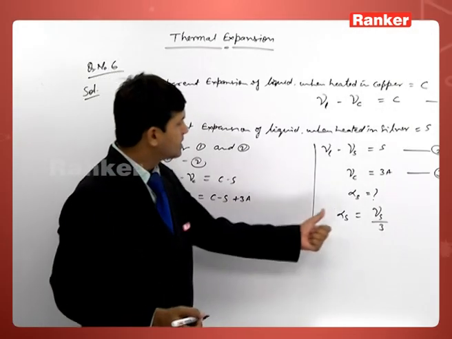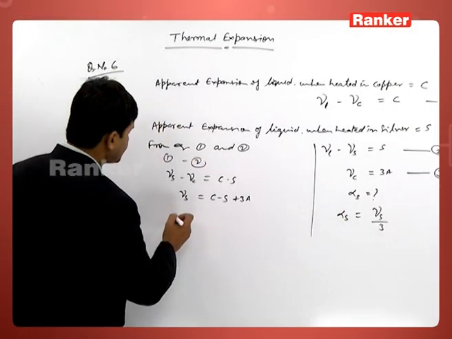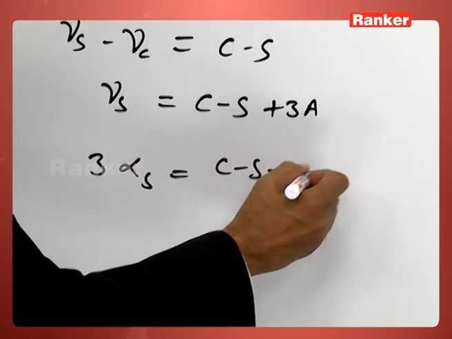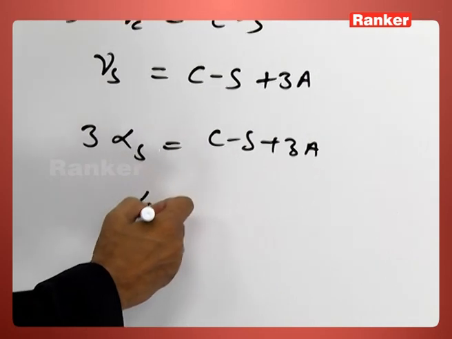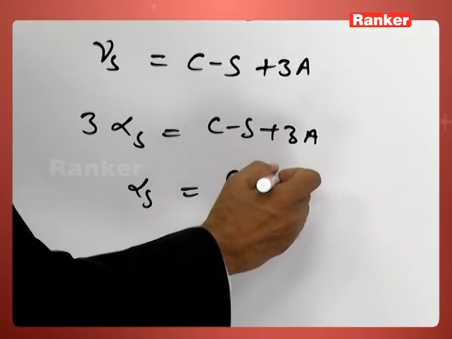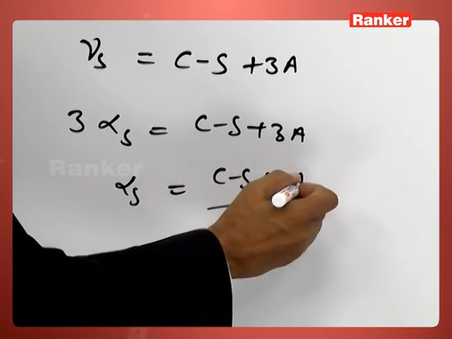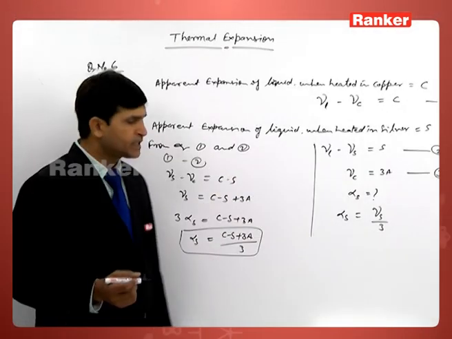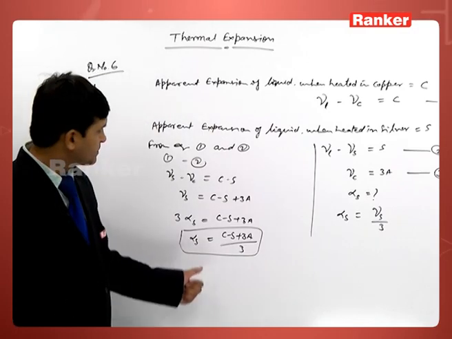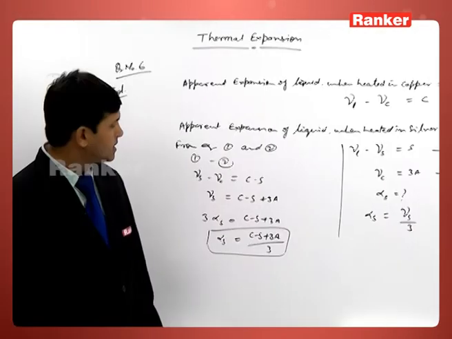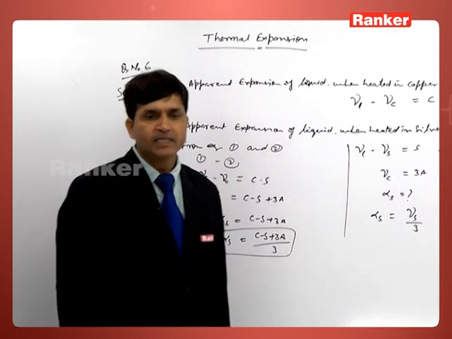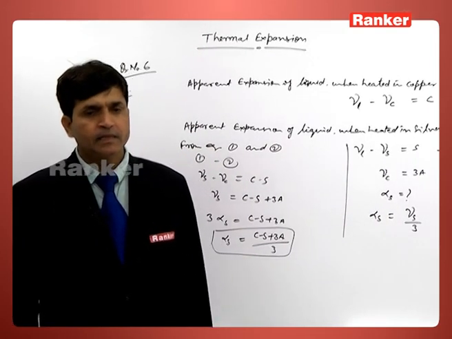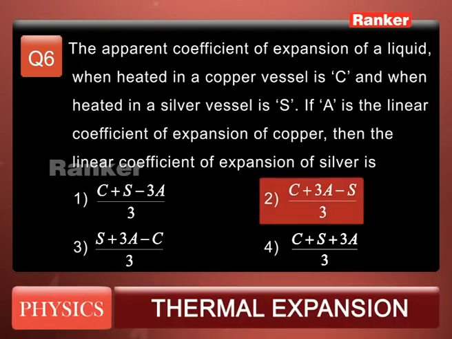Gamma silver is 3 alpha S. So 3 alpha S equals C minus S plus 3A, so alpha S, the linear expansion coefficient, is (C - S + 3A)/3. This is the answer. The correct option is option number 2.